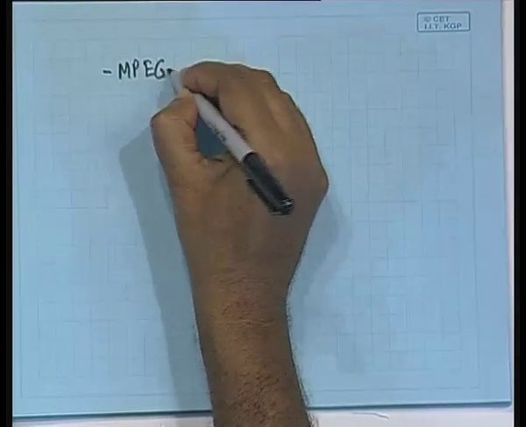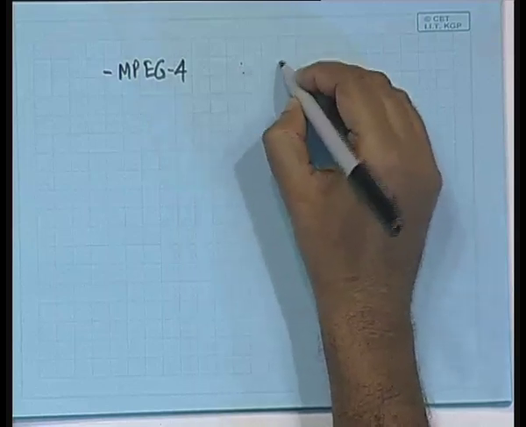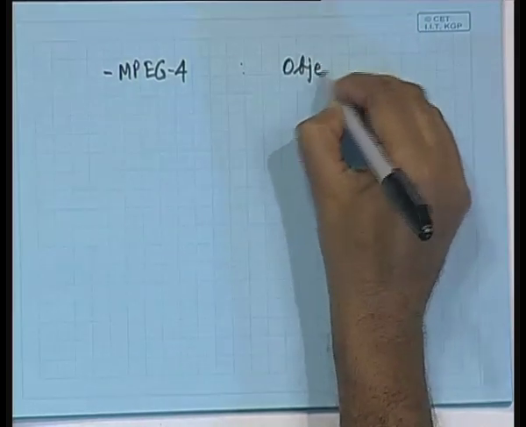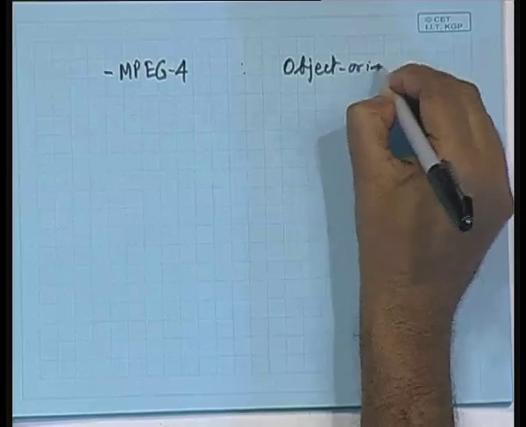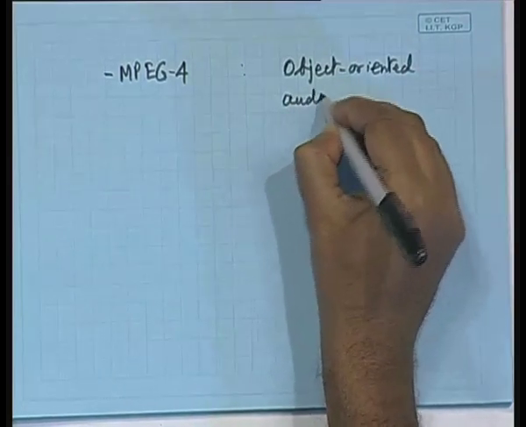But then in the MPEG community, there was another standard which was MPEG 4, and MPEG 4 addressed object oriented audio and video coding.